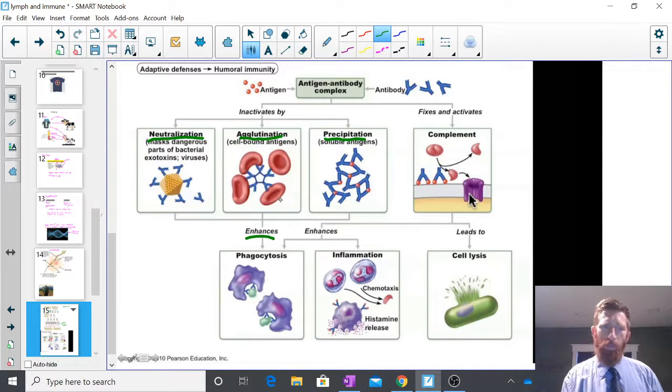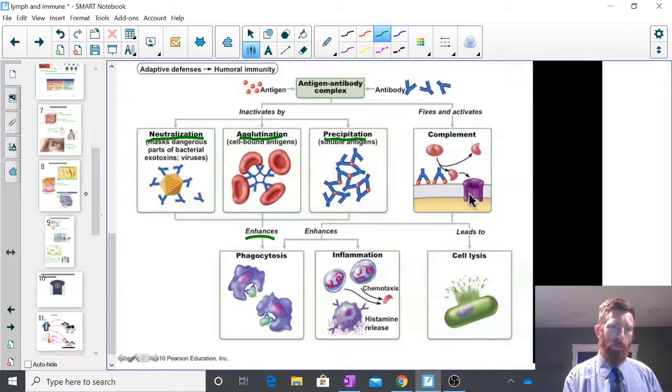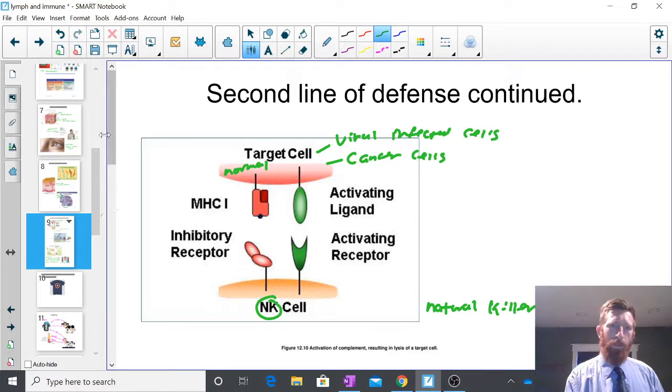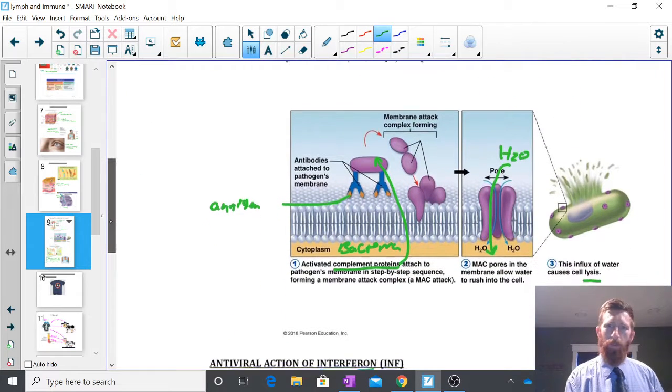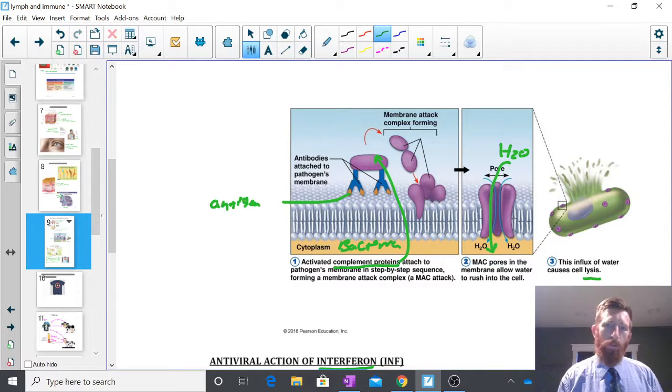And then last but not least, we talked already about complement proteins, as one of the general defenses. This could also be one of the more specific defenses, right? If we have our antibodies attached, and then the complement protein attached to the antibodies makes this pore, then water flows in because water wants to go from an area of higher concentration to an area of lower concentration.